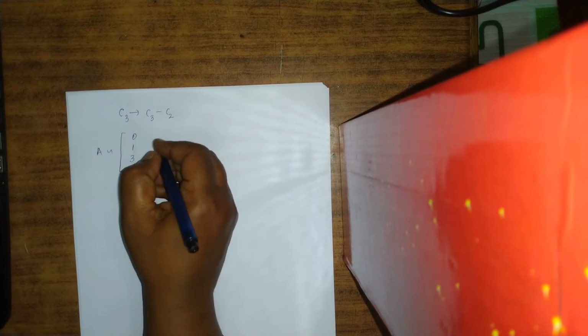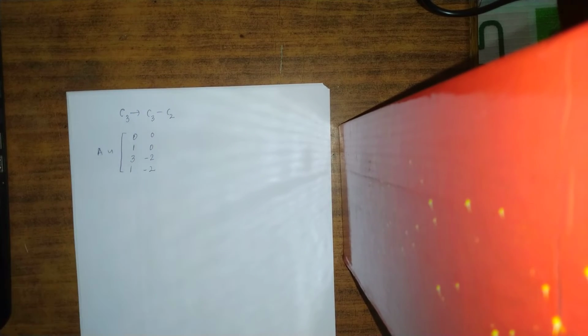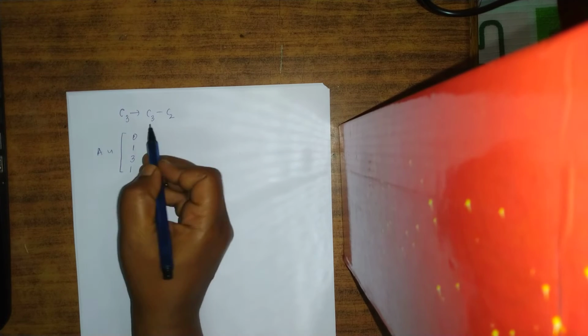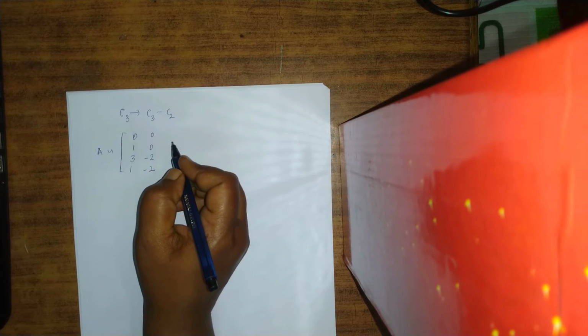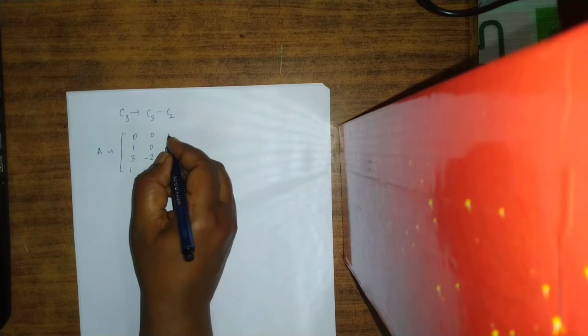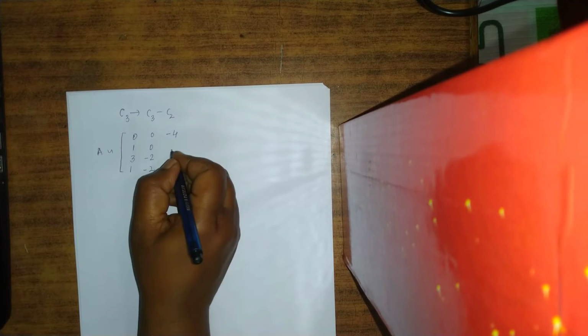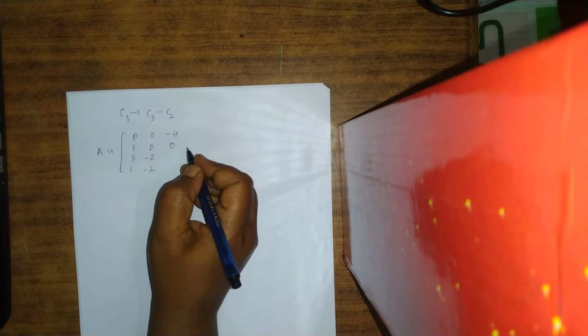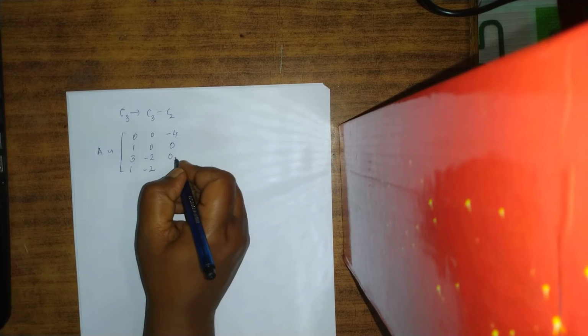The second column is also as it is, 0, 0, minus 2, minus 2. The third column becomes C3 minus C2: minus 4 minus 0 is again minus 4, 0 minus 0 is 0, and minus 2, minus of minus, plus 2 becomes 0.